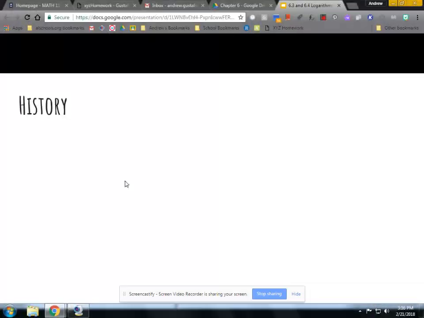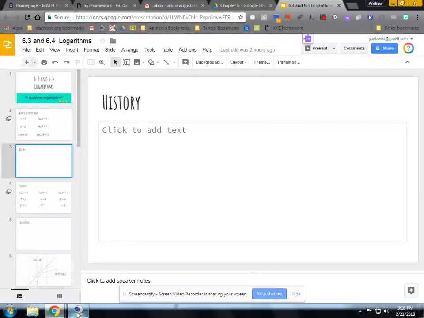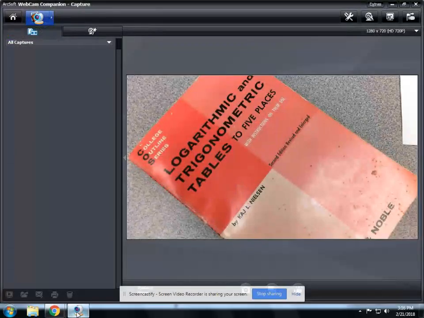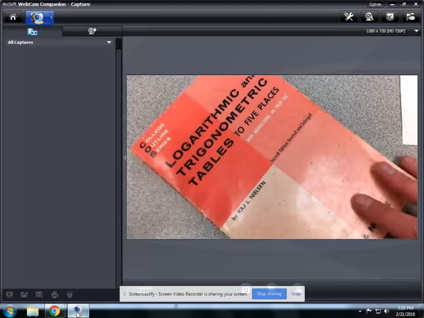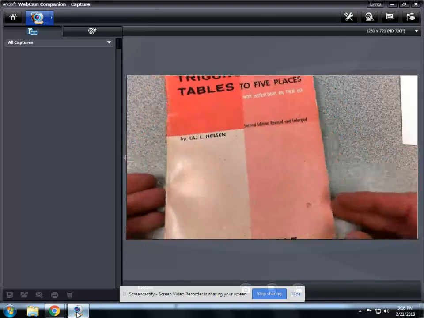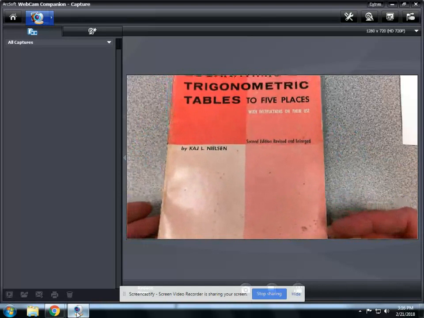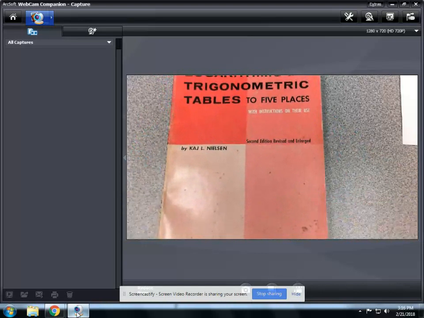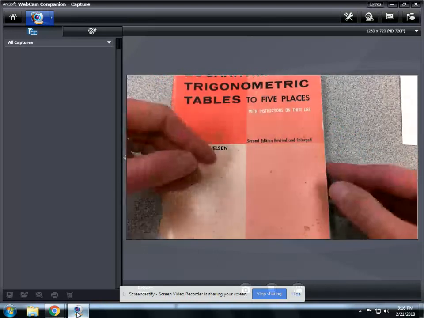This is where people in college or even high school would turn to their book of logarithms and trigonometric tables. Remember, this is before calculators. You can't just punch it in your calculator. No phones, at least not ones that have a calculator in them. The way this book is set up, and that's just one thing you could do with logarithms, is you would take a big number and convert it to its logarithm.